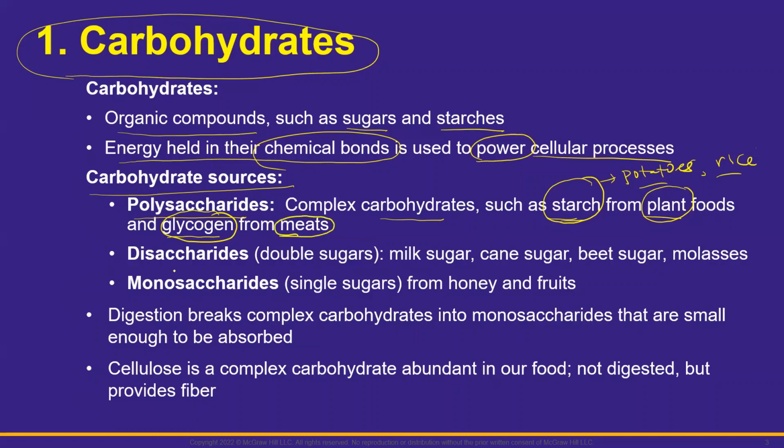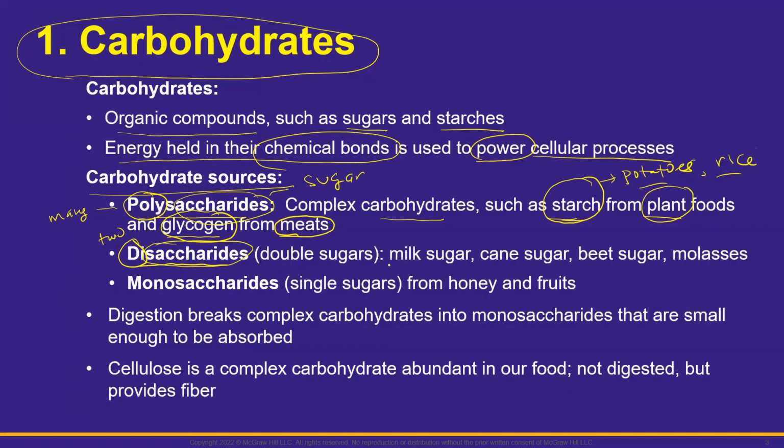The second carbohydrate type is called the disaccharide. Di means two, okay? So poly means many. Saccharide means sugar. So a polysaccharide means there are many sugars in the molecule, while a disaccharide consists of only two sugars, two monosaccharides in the molecule.